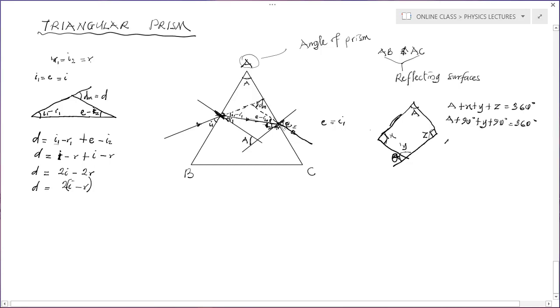Then we can say that A plus Y equals 360 degrees minus what we have here, which is minus 180 degrees. That is A plus Y equals 180 degrees.